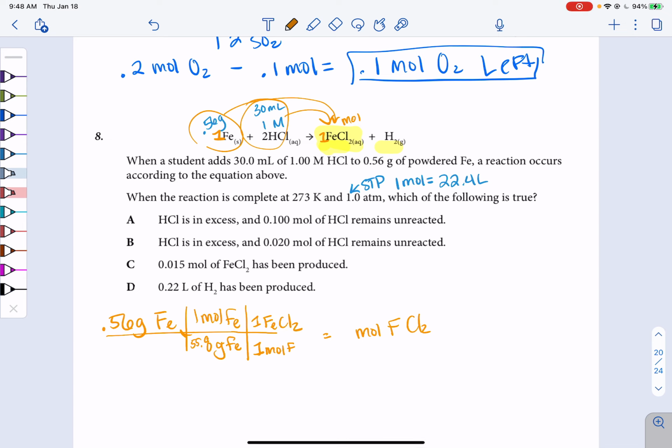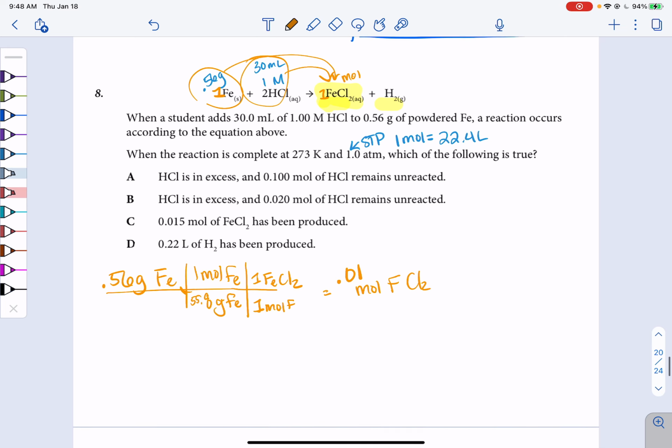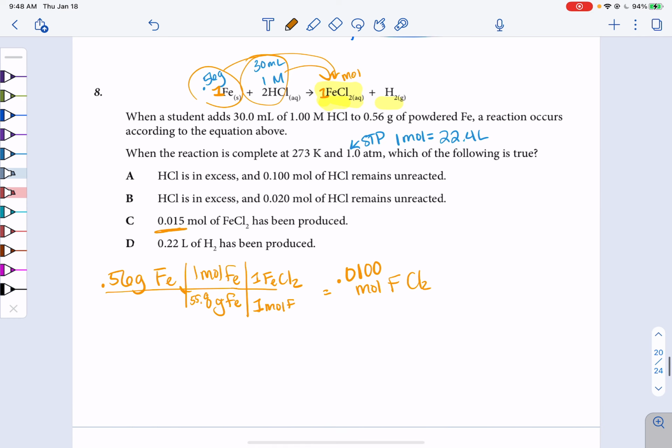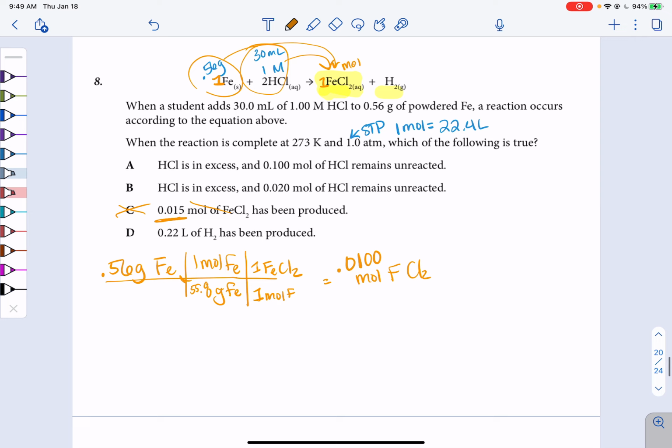And this is just 56 divided by 56 pretty much. Or 0.56 divided by 56, which gives you 0.01 moles of iron chloride formed. The reason I took it further is because one of the options is 0.015. And you notice that that is not the answer based off of the iron. We can't make more than 0.01. So automatically C cannot be the correct answer.